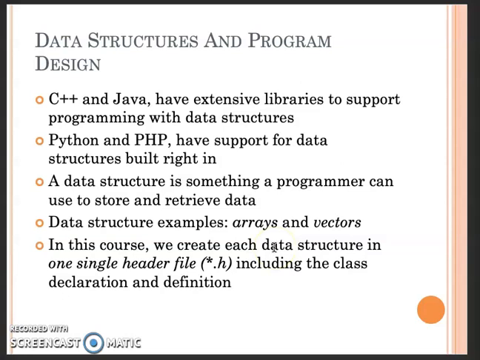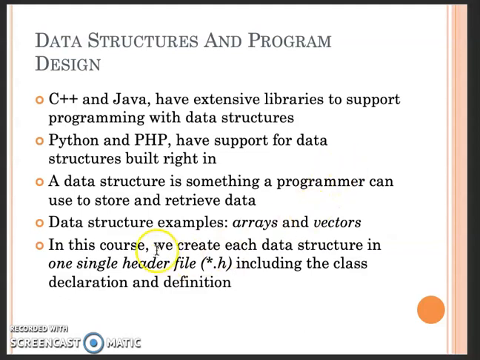From your prior courses in 165 or 200, sometimes when you implement one class, you have one header file including the class definition, and you have another CPP file for the member function implementation.